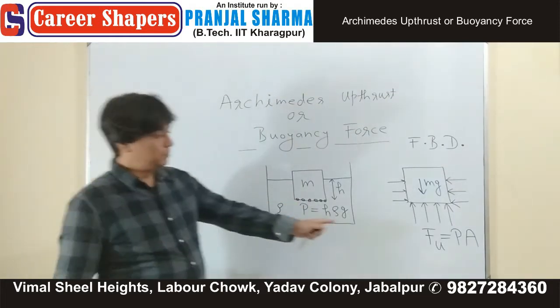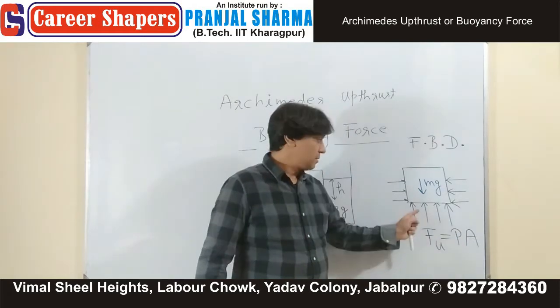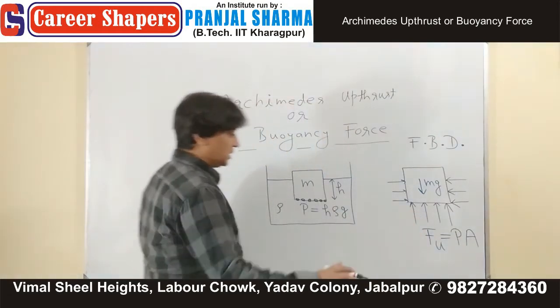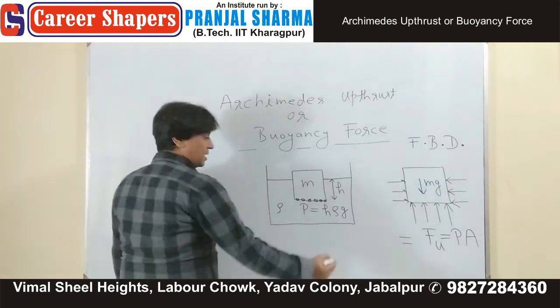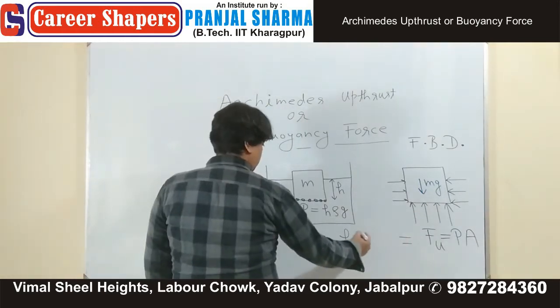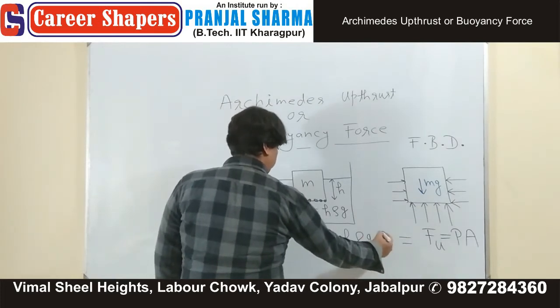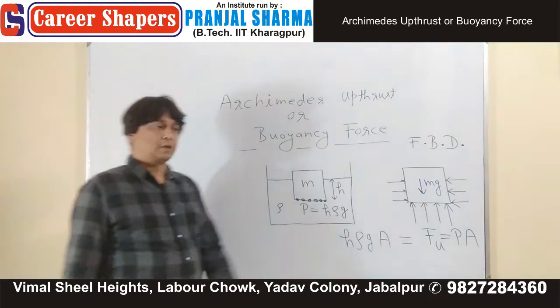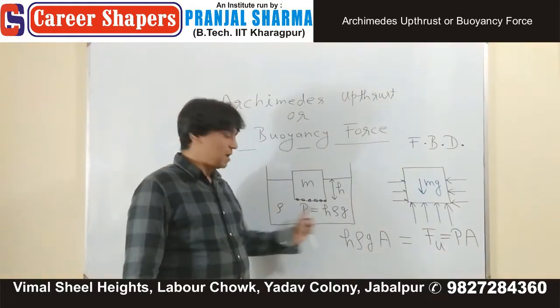So what is Fu? Pressure multiplied by area, area of the base. This gives us h rho g multiplied by A. Multiplied by base area.